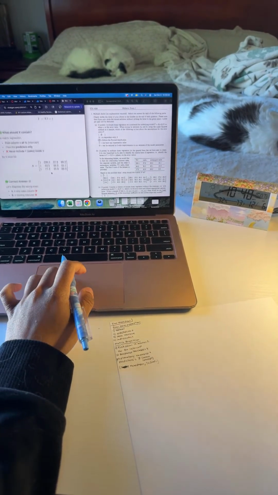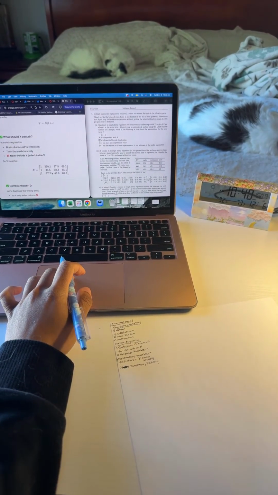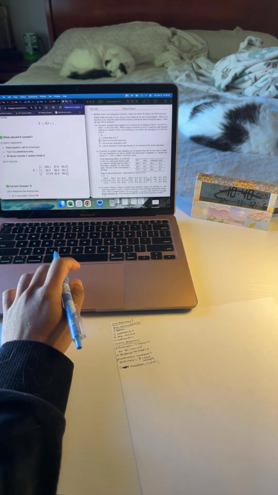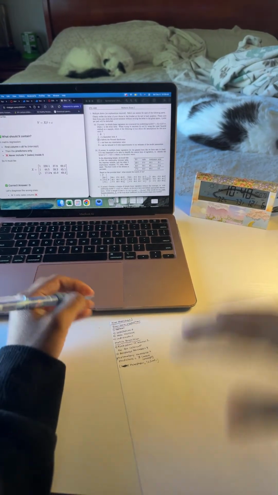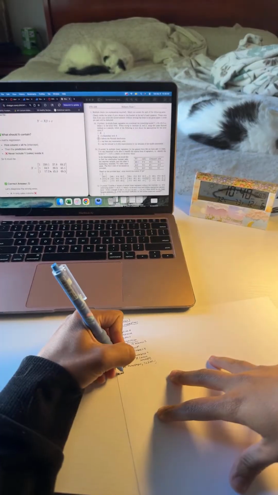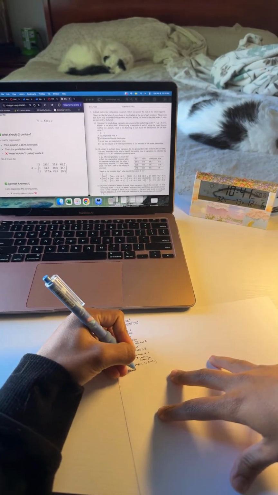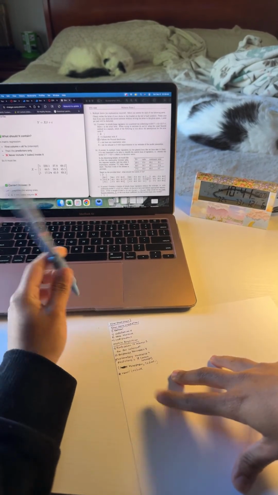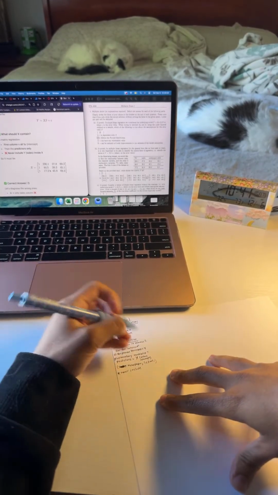So, never include the response variable in x.